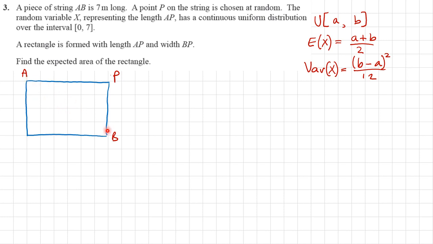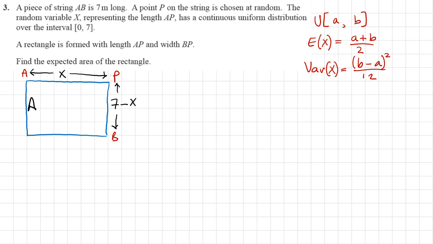We know that A to B, its length is 7 meters long, and then this point P is chosen at random. Now if we call the length AP x, because x is going to represent the length of that side, then because the total length is 7, then the length of the other side must be 7 minus x.